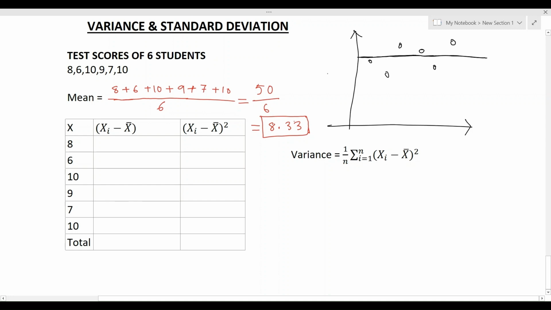So while calculating the variance, we are actually calculating how much each of this data point differs from the actual mean. Here we can see that this data point differs this much amount from the mean. This data point differs this much amount from the mean.